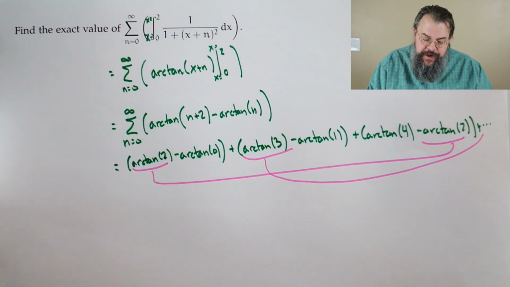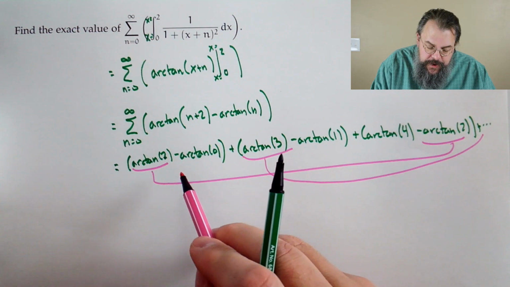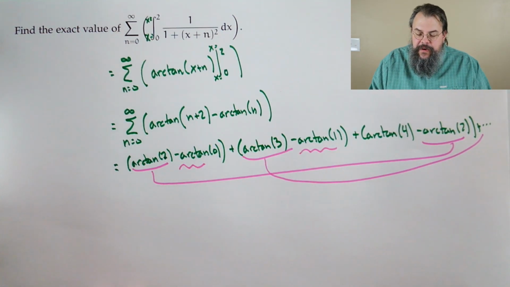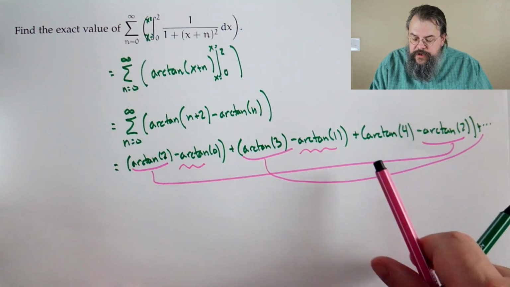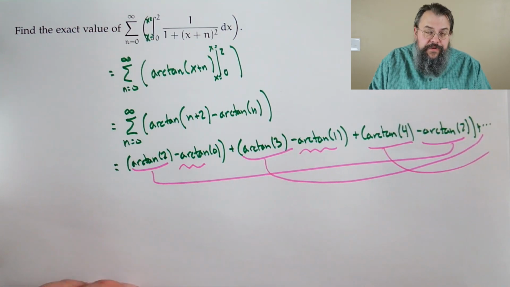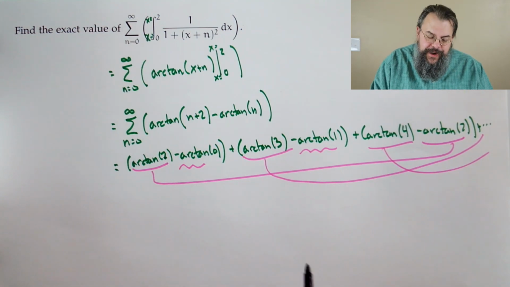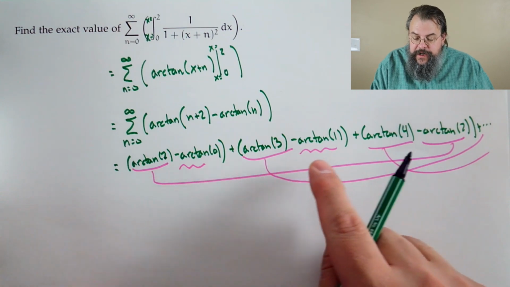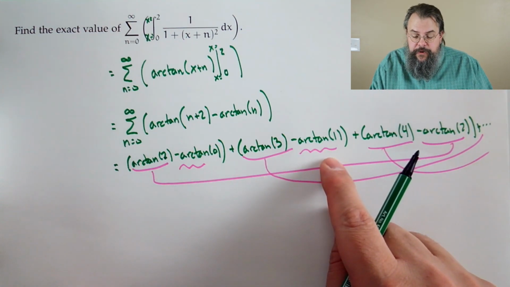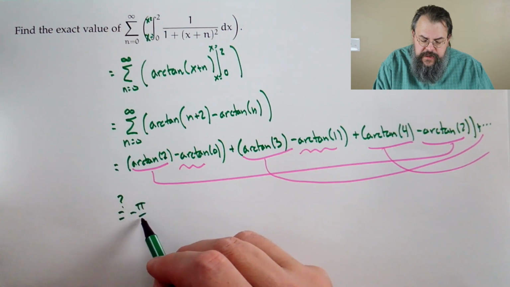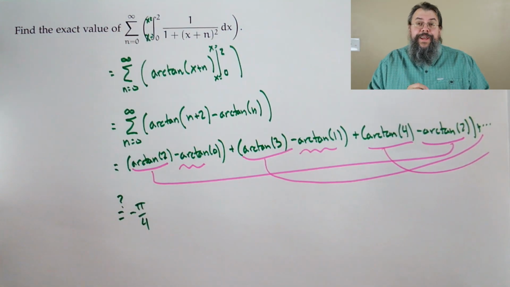Well, okay, it wouldn't just be arctangent of 0. We would say these two terms aren't canceling because you have to look at the first term 2 terms down. So the arctangent of 4 would cancel. And so it looks like, what is arctangent of 0? Well, 0. Arctangent of 1 is pi fourths. So this is negative pi fourths.